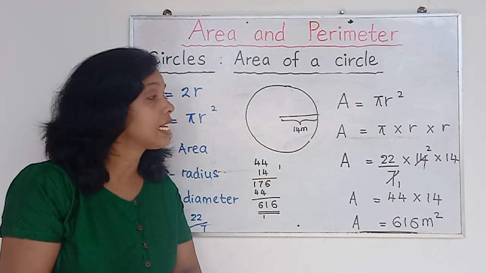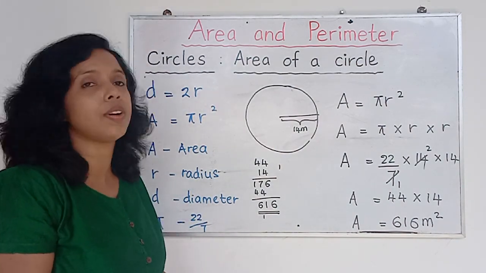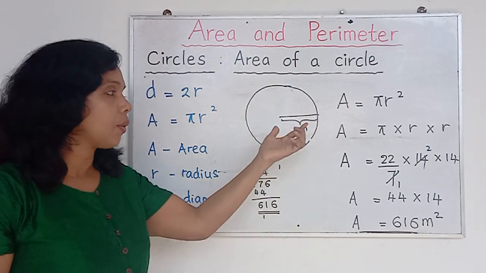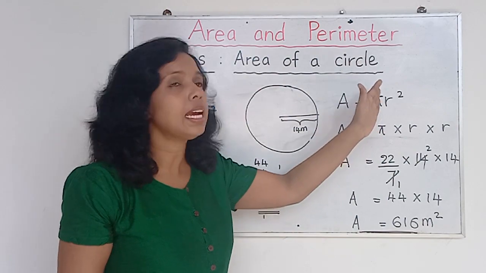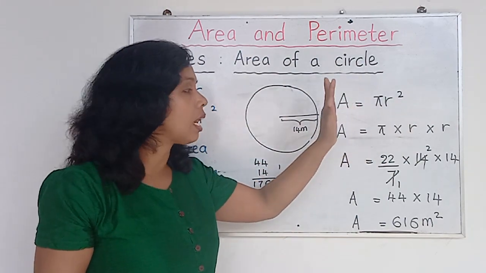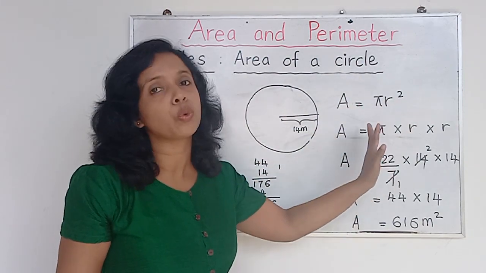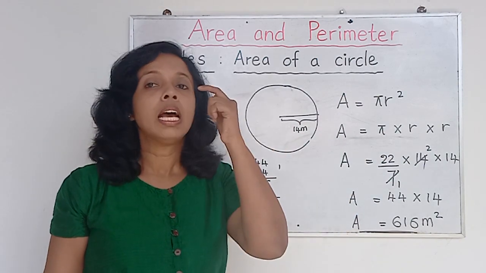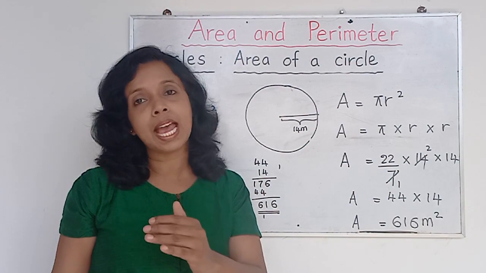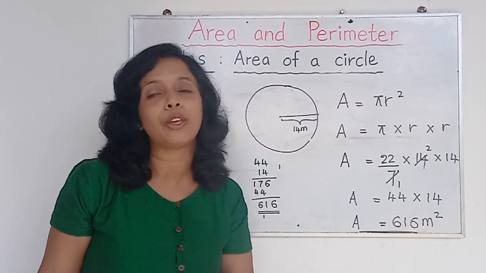Right? So what is the area of this circle? What is the information they have given? Radius they have given. What is the formula we want to use? πr squared. What is the value of pi? We use 22 over 7. Sometimes you may use another value. If so, in the exam, they may mention the value you want to consider.